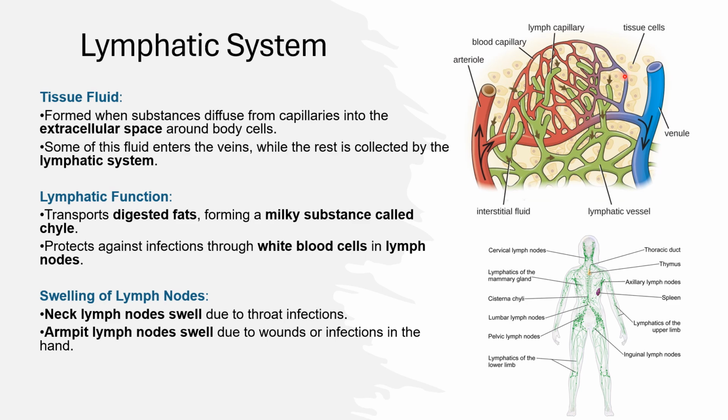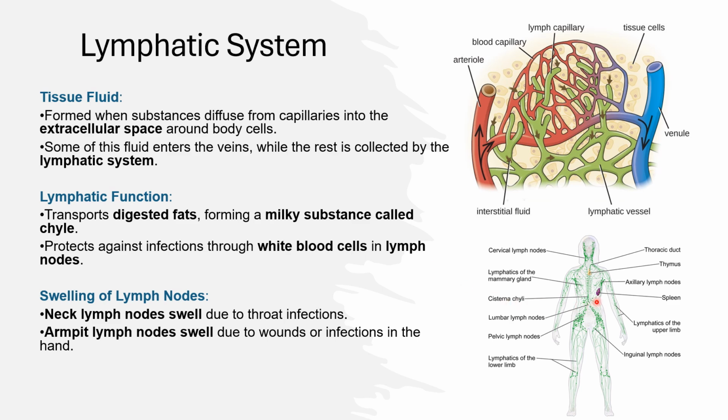And then there are two main functions of the lymphatic system. One is that it transports digested fats, forming a milky substance called the chyle. And the other main function is that it protects against infections through white blood cells in lymph nodes.